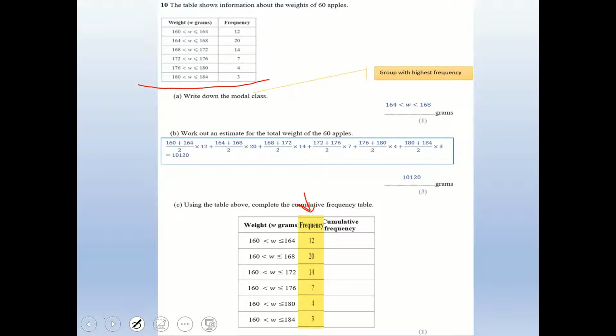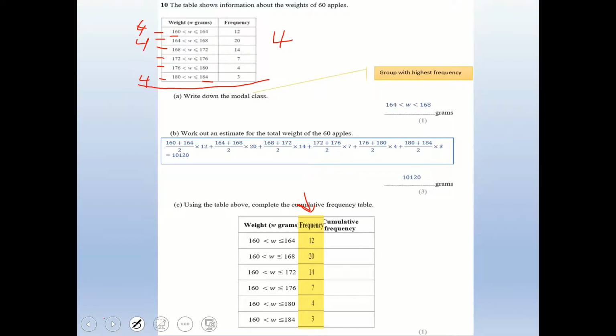Like what we see here in the table, the apples' weights are grouped into classes of weights with equal ranges, from 160 to 184 grams. And you see that the range is always fixed at a value of 4. 164 minus 160 is 4, 168 minus 164 is 4, and so on till 184 minus 180 is 4.